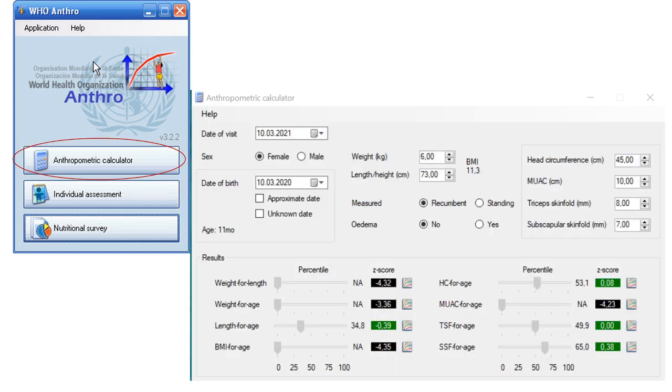So to do this, we use the anthropometric calculator, which you will find on the World Health Organization website.